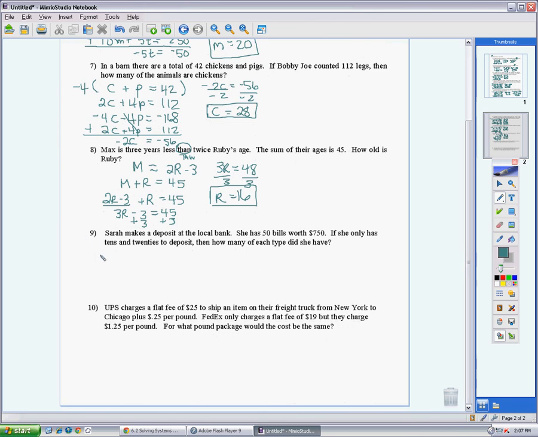Number 9, Sarah makes a deposit at the local bank. She has 50 bills worth $750. If she only has 10s and 20s to deposit, then how much of each type does she have? Well, since 10s and 20s both start with T, I'm going to use X for the 10s, and I'm going to define those over here, and Y for the 20s.